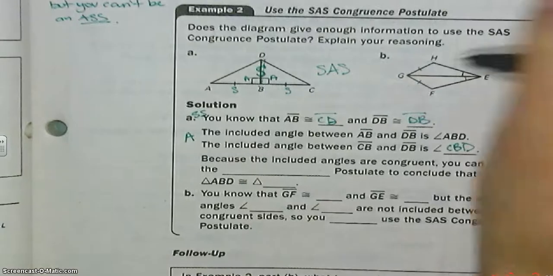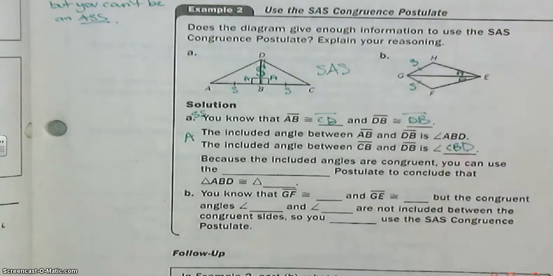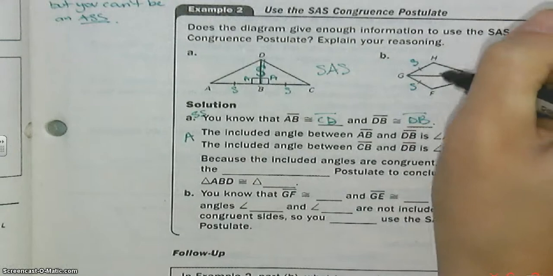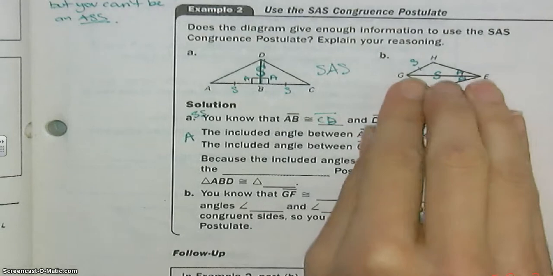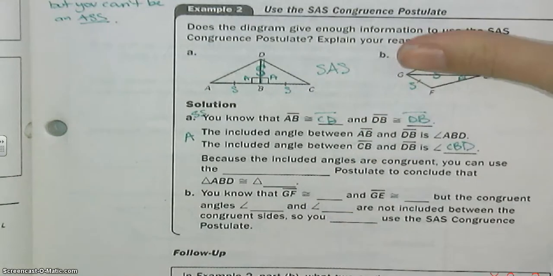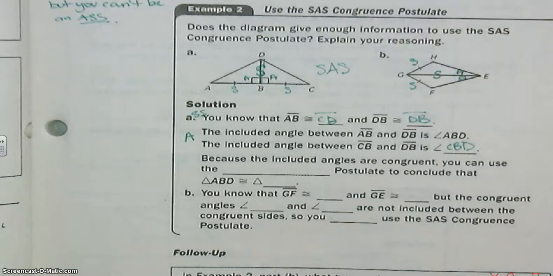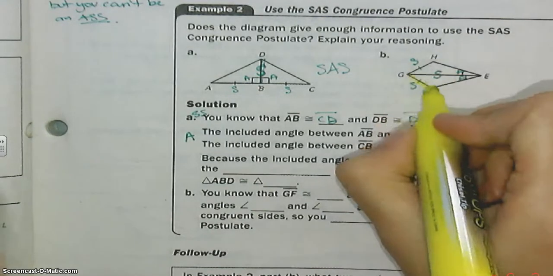Let's look over here. Here's a side. And here's an angle. And then I see they're sharing a side. So I'm going to put an S in the middle because they're sharing. Anytime they're sharing, that counts. So I've got an angle and a side in both triangles. Is this side, angle, side? Well, if I color in, here's the side, here's the side.